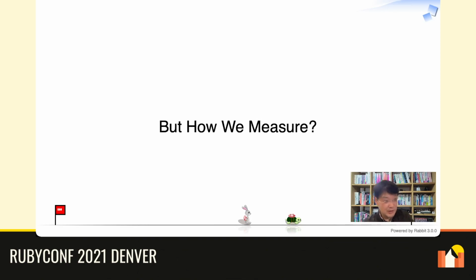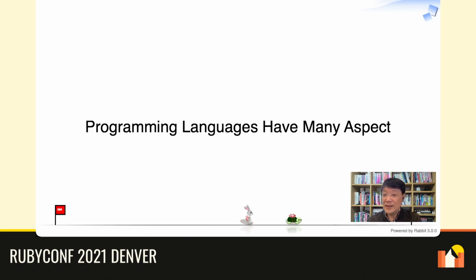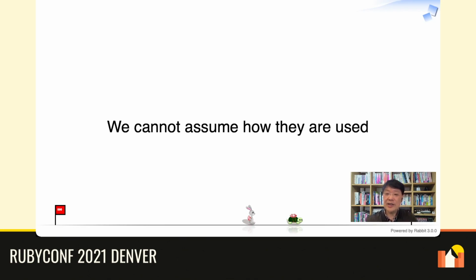And how do we measure the performance? A programming language has many aspects. A programming language can be used for many purposes, so we cannot assume how they are used. Originally Ruby was a scripting language, with simple text processing and programmer tools as the main targets at the very beginning of the Ruby development in the early 90s.